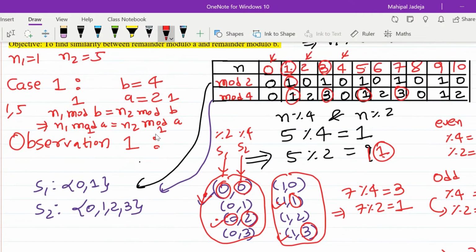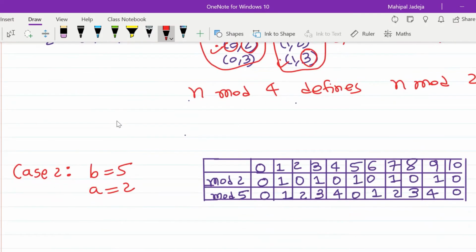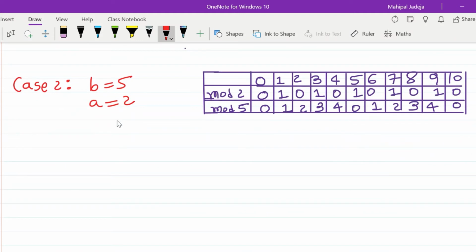So let's go further. Now this is all about case 1. Now let me consider case 2. So now instead of 4 and 2, I'm considering 5 and 2. Okay, so if we consider all possible scenarios, then with respect to 2 we can get only two values, which is nothing but 0 and 1. With respect to 5 we can get 5 values, and again the question is same.